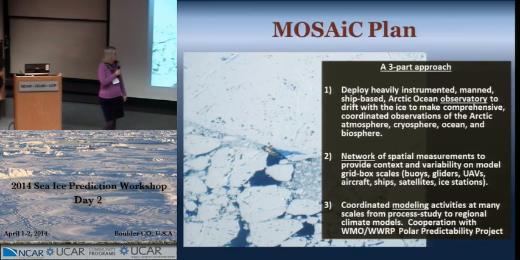The main idea is to have a heavily instrumented manned ship-based Arctic Ocean observatory drifting with the ice to make comprehensive coordinated observations of the Arctic, going through the atmosphere, down through the ice, and into the ocean. So you have co-located observations of everything that we think matters in one location for a time period. And that can be really useful for both evaluation and model development.